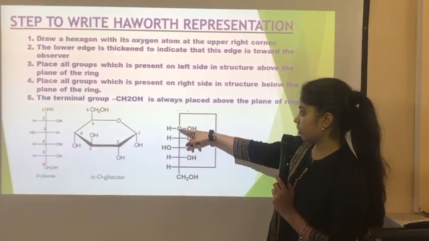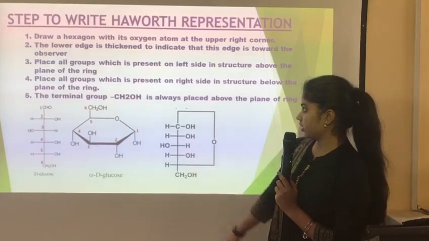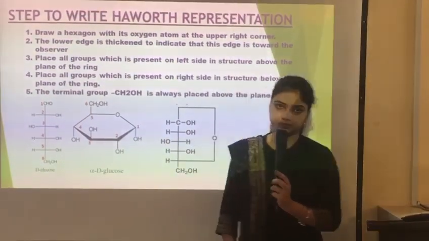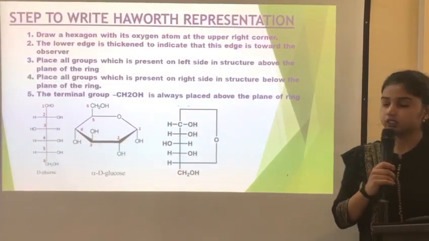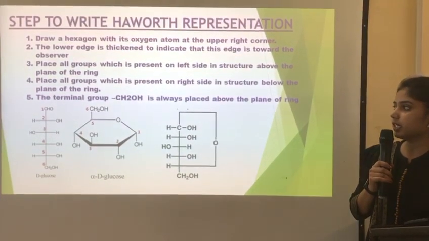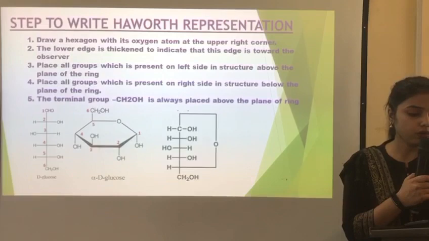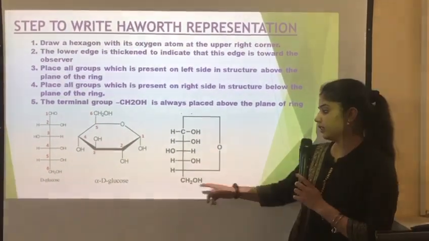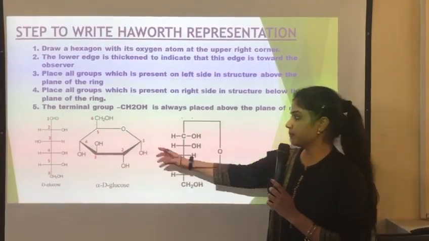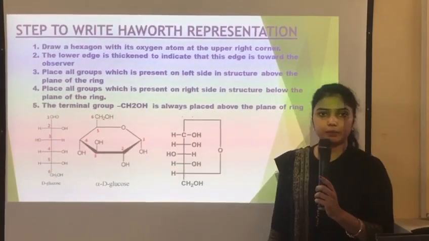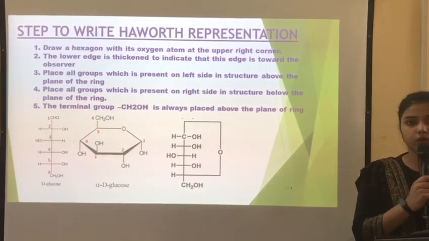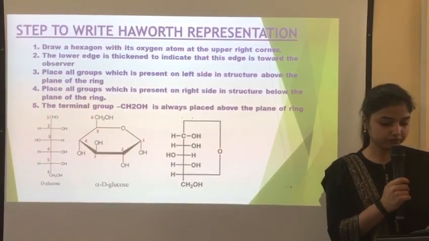Like this, they are all on the right side, and this is placed on the below side. And the last rule is that the terminal CH2OH group is always placed above the plane of the ring. This is the CH2OH group. This is always placed above the plane of the ring. This is all about the Haworth representation.